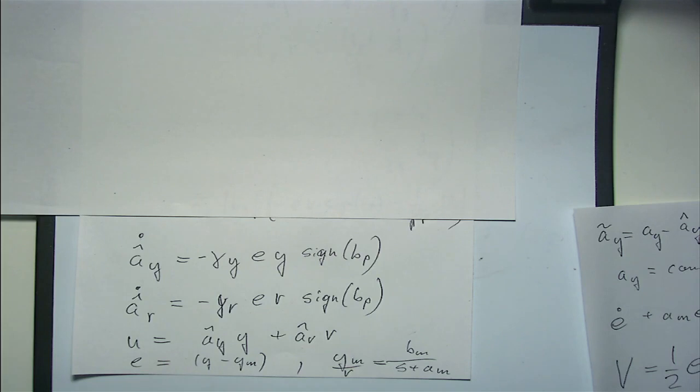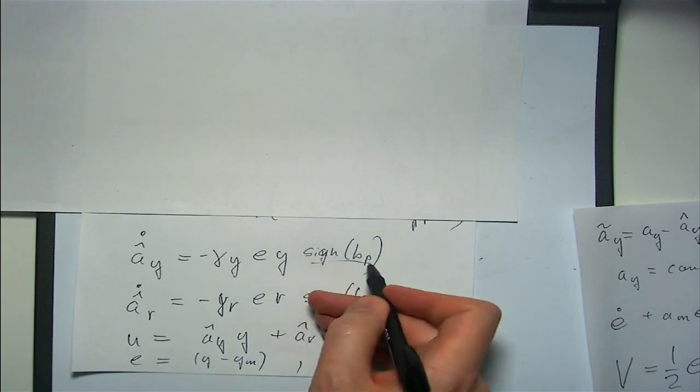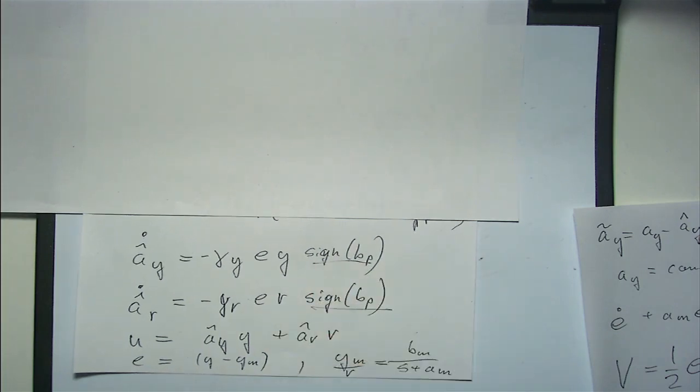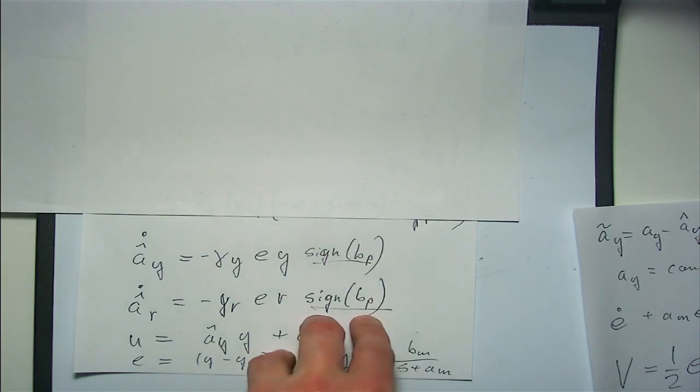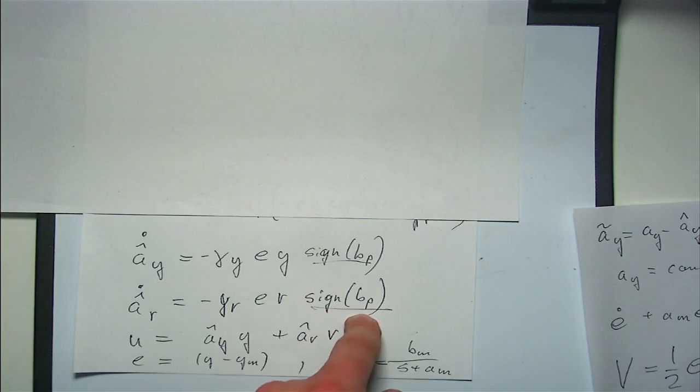To be clear, it's just positive or negative. So that's the only thing we need to know, but we don't know much else about the plant. That's what I'm saying.